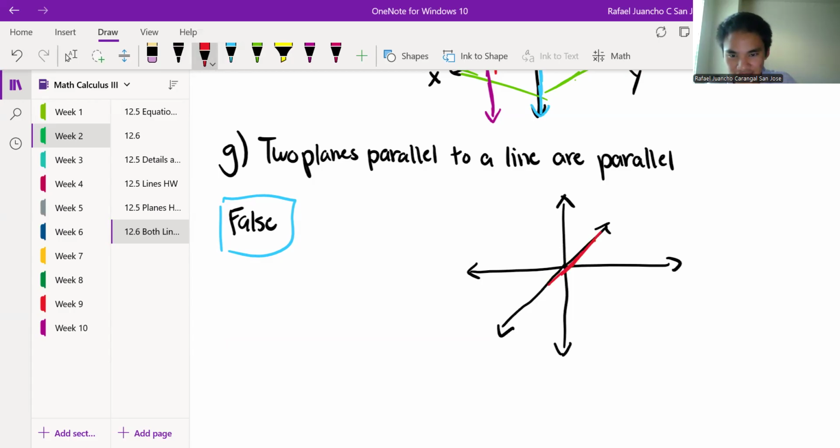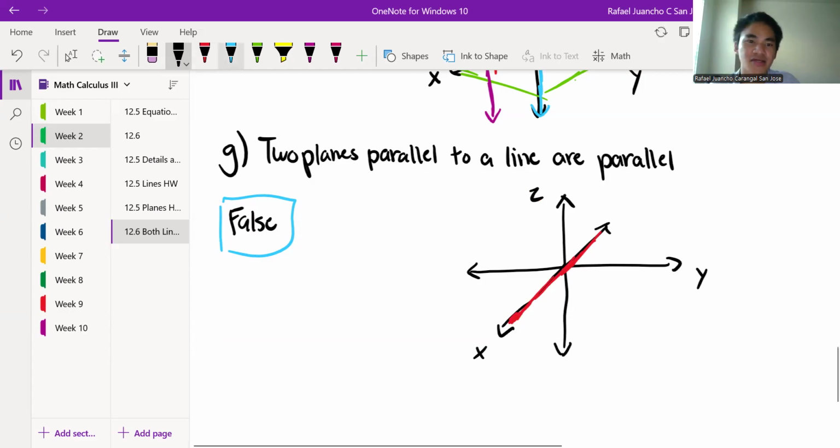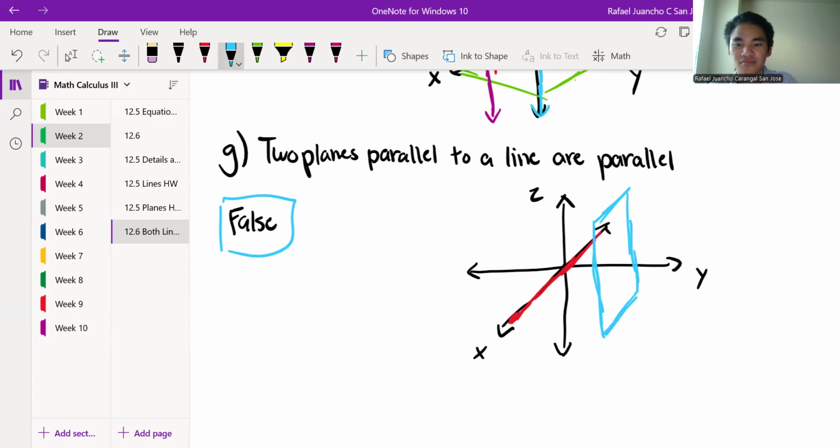Let's say the line is this x-axis. One plane that's parallel would be this plane, which kind of goes like that. This is the plane where y is 1 maybe. And then another plane that is parallel to this line would be this plane that goes up.